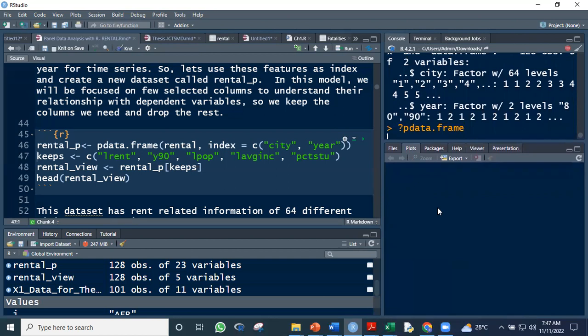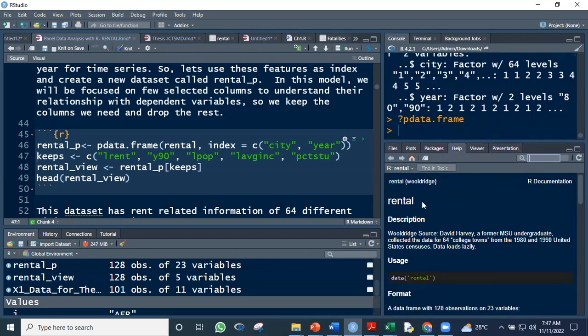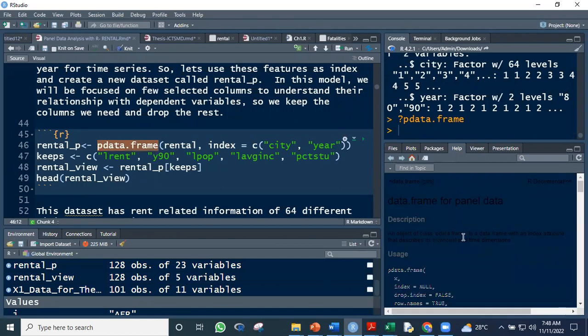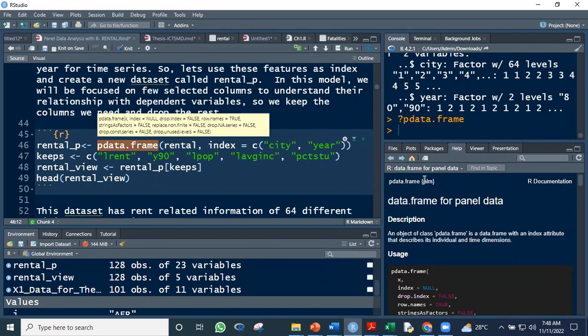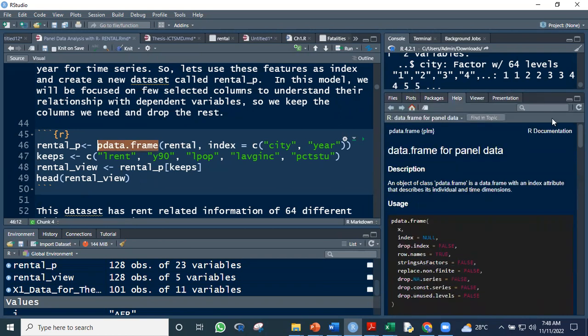Let me check the class here. Pdata.frame. There you go.